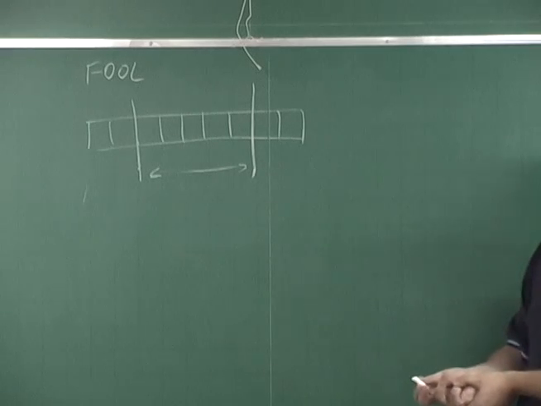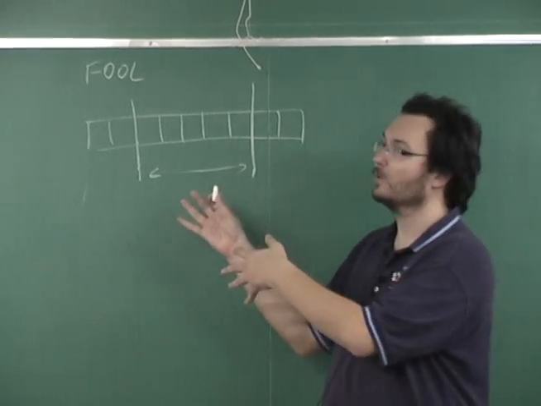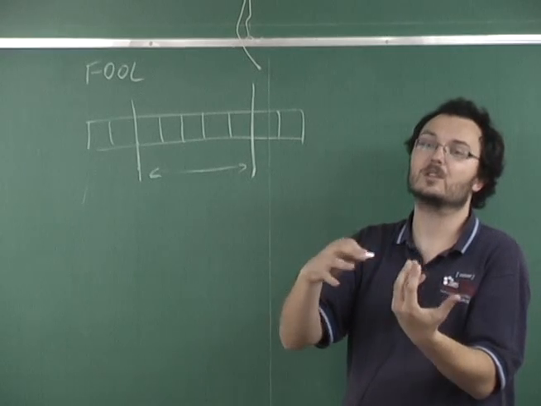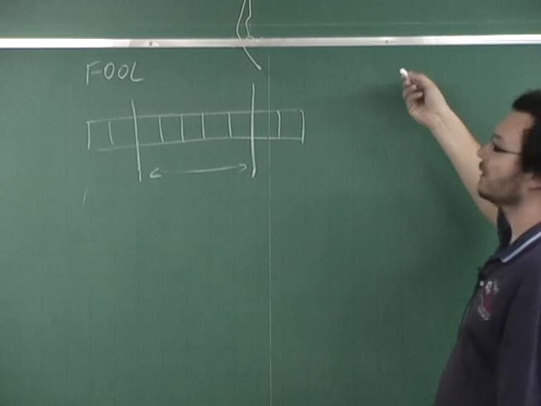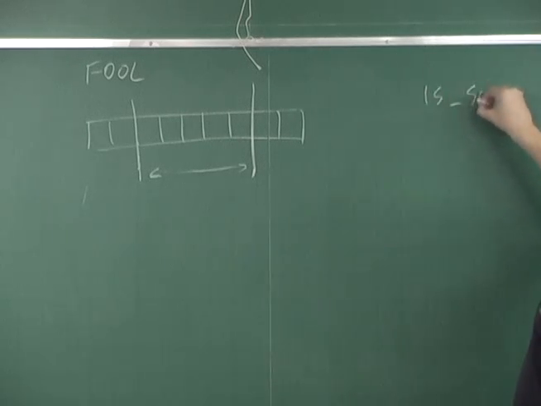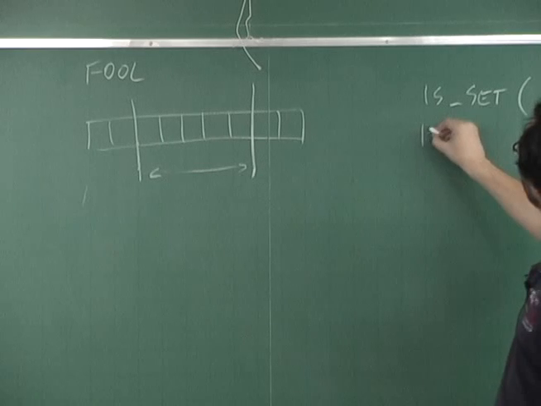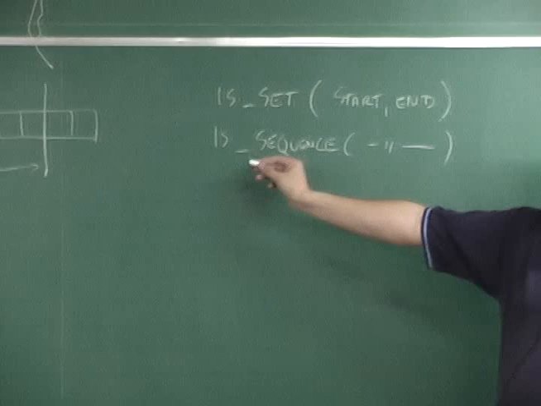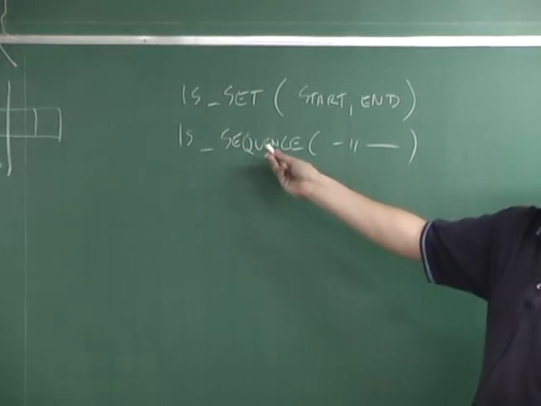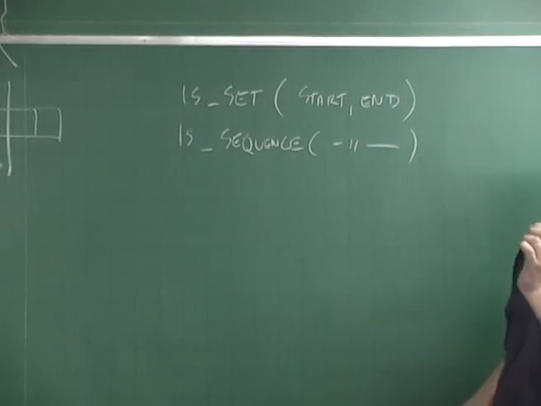So this is the bottom-up approach, the dynamic programming view, and the other view, which is essentially the same, is the top-down view. We will have two functions, is set and is sequence, or I think maybe it was is list in the problem statement.